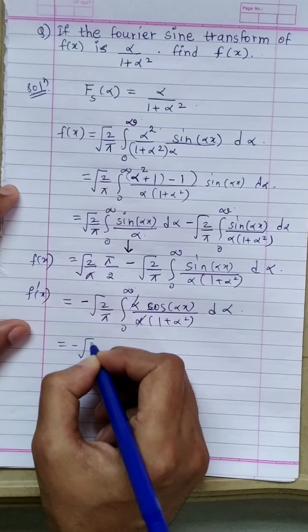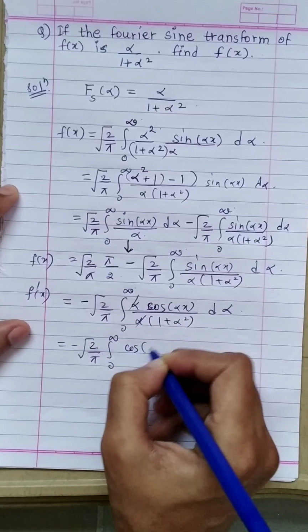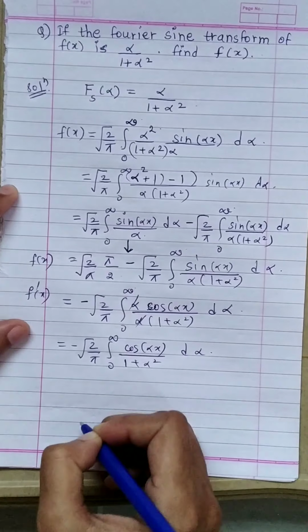Okay, so we will get this, which is equal to root of 2 by pi integral from 0 to infinity cos of alpha x by 1 plus alpha square d alpha.